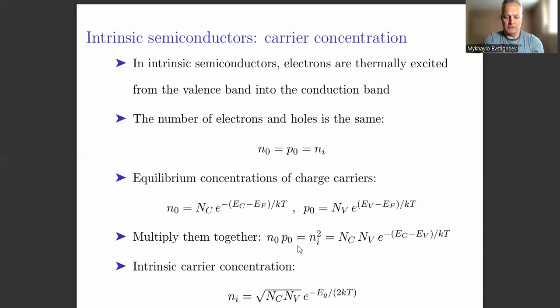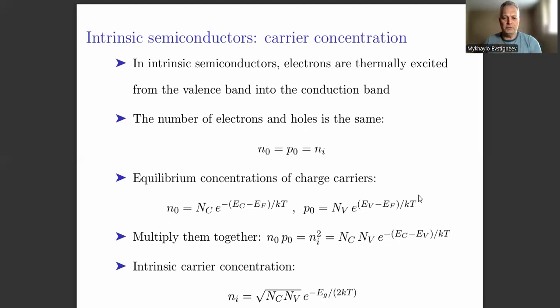Actually, there are three comments that I wanted to make. So here is comment number three. This statement, n naught p naught is n intrinsic squared, is called the mass action law, or the law of mass action. That was not the comment. The comment is this: it is not universally valid. It is valid as long as these expressions for the electron and hole concentrations are correct.